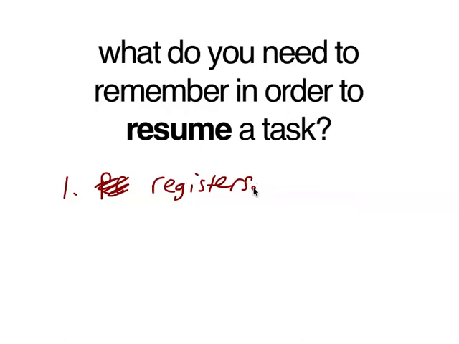It might be reading through a file halfway, and then it gets suspended. When it goes back, it has to remember which file it has been reading and at which point of the file. Same thing with writing. If you write halfway and get suspended, when you go back you have to remember which point in the file has been written and so on. So you have to remember about the files.